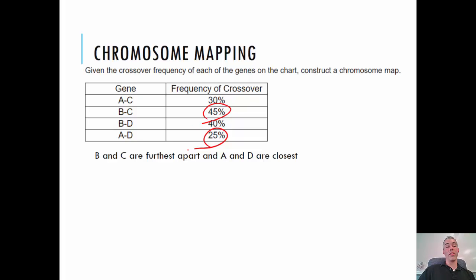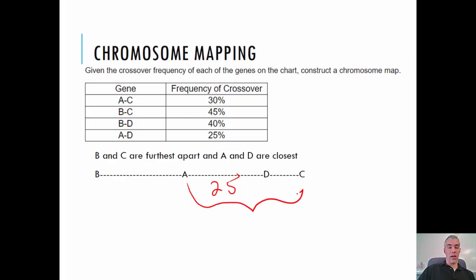So A and D have to be relatively close to each other. B and C have to be the furthest away. And you can actually make a map doing this. So let's check this answer and see if it flies with what we see here. A and D are 25%, so we're going to write 25 here, between A and D. A and C are 30%.